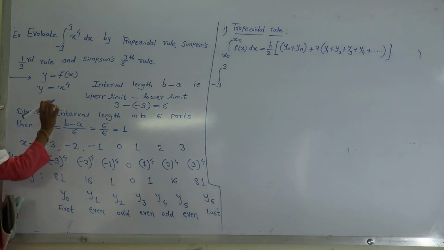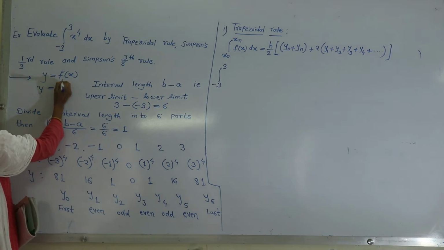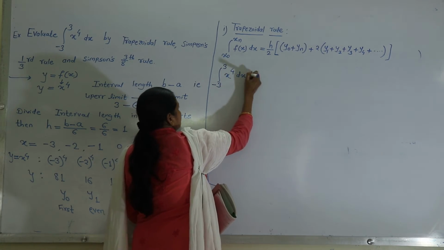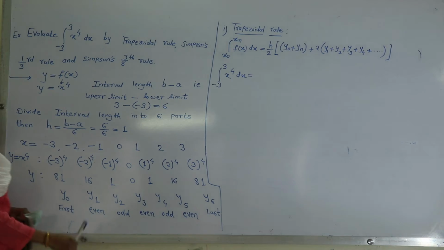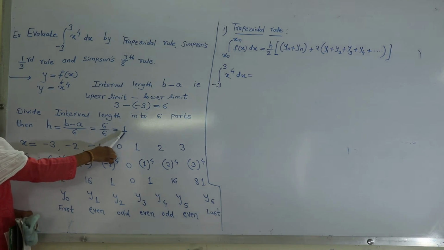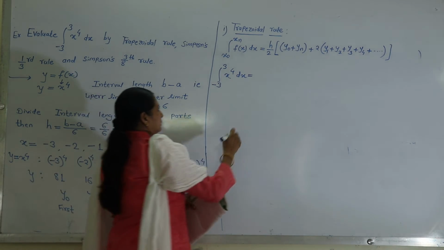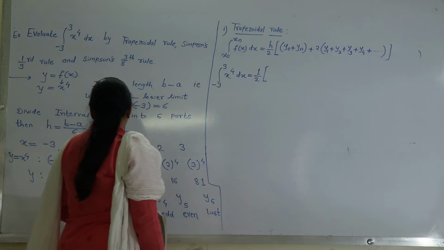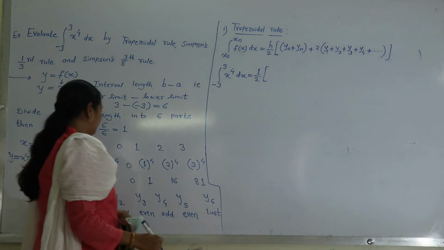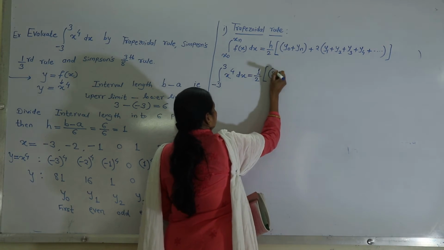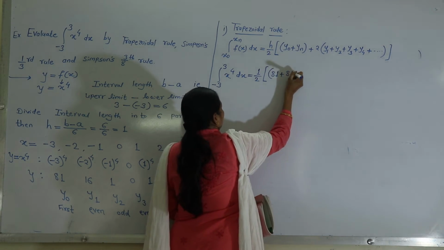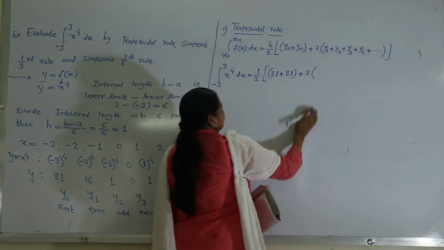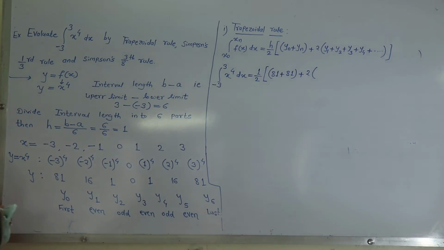The function f(x) is x raised to 4. So the integration of x raised to 4 dx is equal to h by 2. H is 1, the difference between the x ordinates. So 1 by 2 into y0, the first ordinate, that is 81. First ordinate plus last ordinate plus 2 times the remaining ordinates.